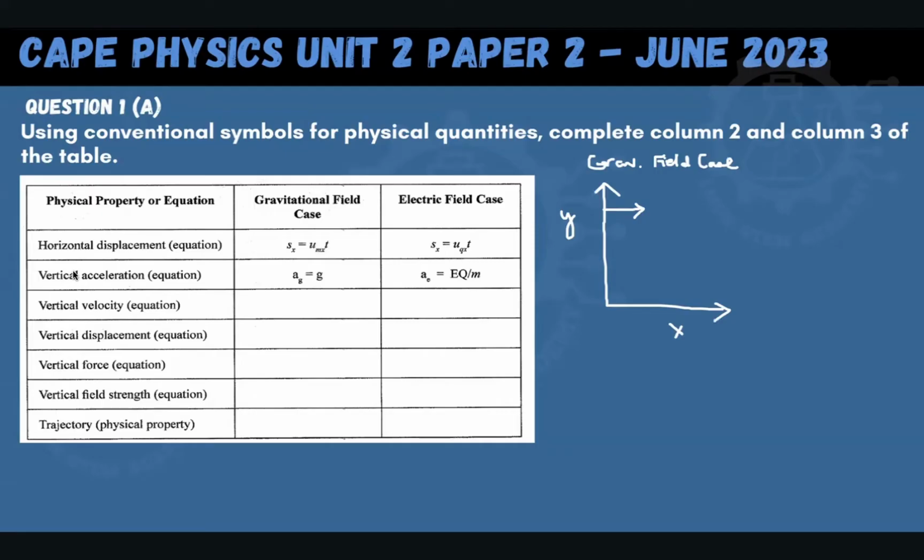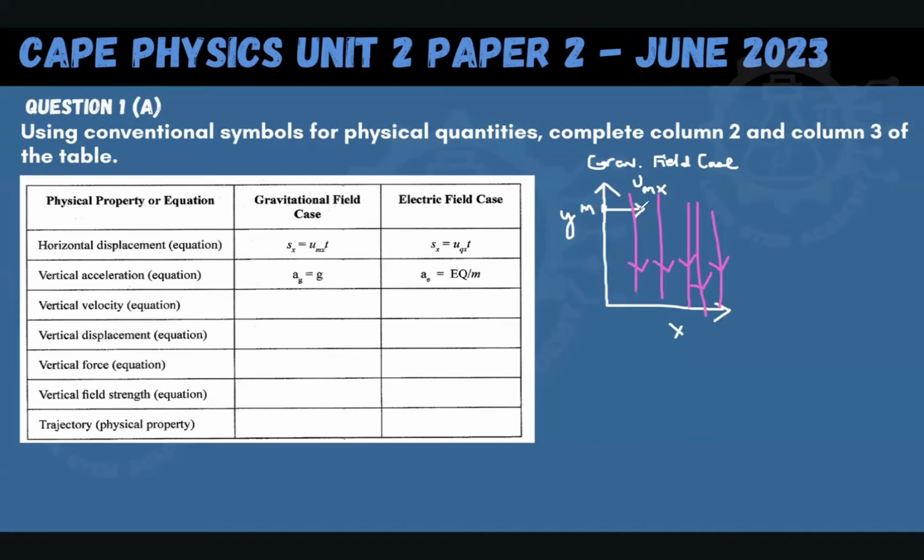So let me just draw some field lines real quickly. So let's say the gravitational field is running in that direction, right? So then my mass M is projected that way, horizontally. So that's my mass M. And that's being projected horizontally with an initial velocity of umx, right?